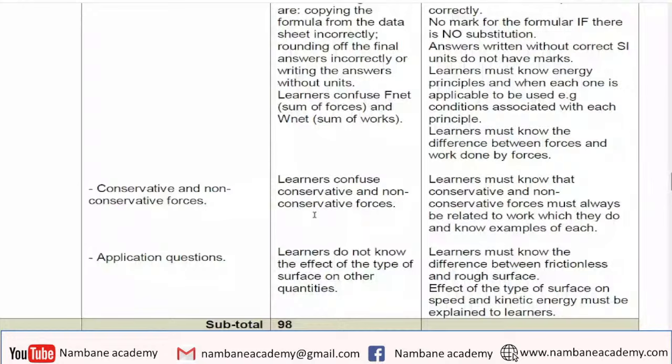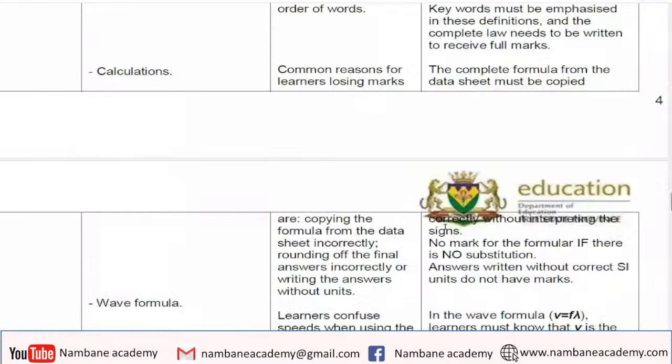Doppler effect. I've already talked about it. When it comes to this question, please write the formula as it appears in the formula sheet with the plus and the minus. Write it as it appears in the formula sheet with the plus and the minus. Please do that. And then we know, whenever we have two objects, let's say you have a person and a car, and they want to demonstrate the Doppler effect.